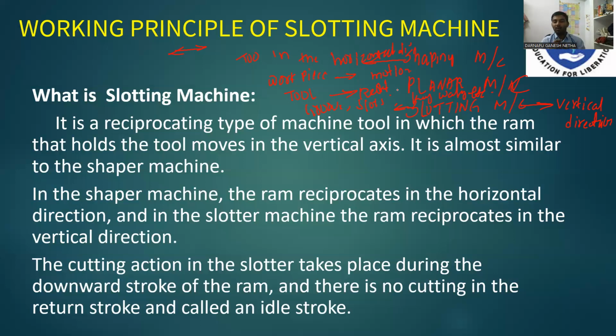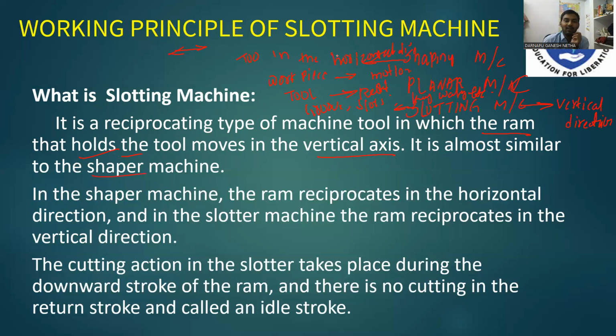Now let's enter into the main topic, that is, what is a slotting machine. It is a reciprocating type of machine tool in which the RAM holds the tool and the tool moves in the vertical axis. Just now we discussed, it is almost similar to the shaping machine.